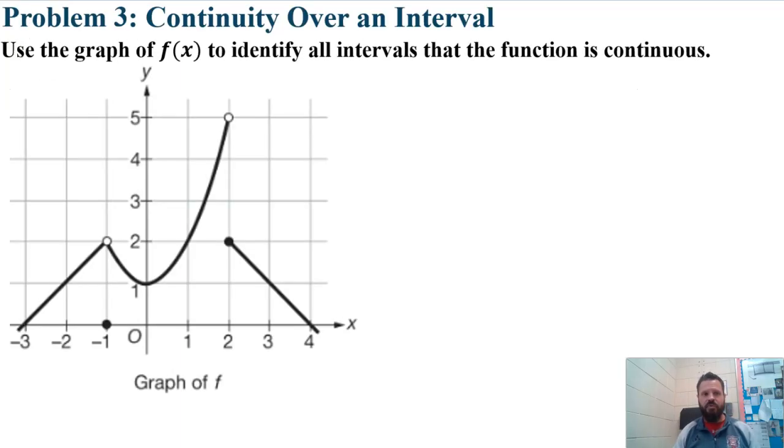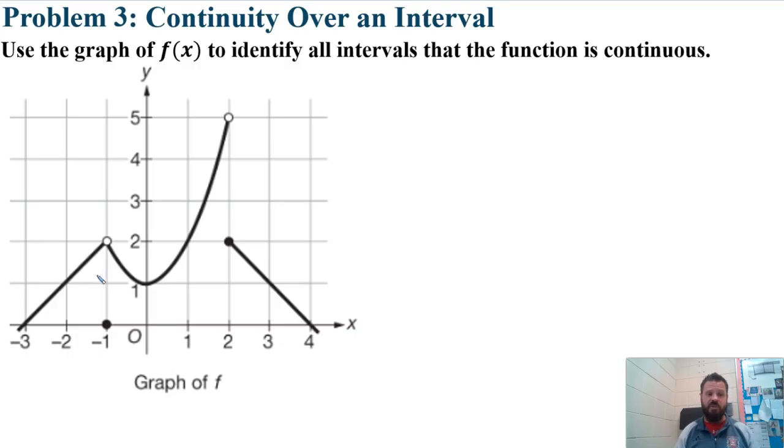All right, so problem 3 says use the graph of f of x to identify all intervals that the function is continuous. As I look at this graph here, I'm seeing 2 points where I have to pick my pencil up to trace it. So we have 2 points of discontinuity.